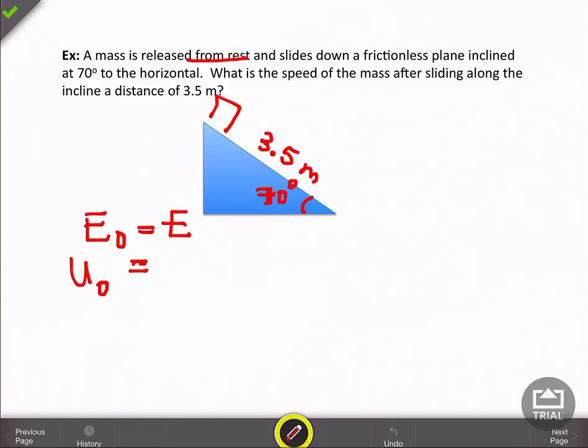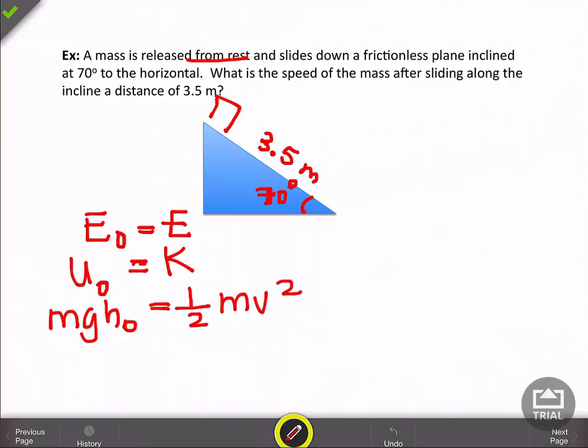Afterwards, we want to know the speed of this mass when it gets to the bottom. Since I'm on the ground, I have no gravitational potential energy. All of that energy becomes kinetic. Plugging in here, I've got mgh initial equals 1/2 mv final squared. Again, those masses cancel. g is 10. Now be careful with that initial height. The distance down the incline is 3.5, but that is not h initial, the actual vertical height.